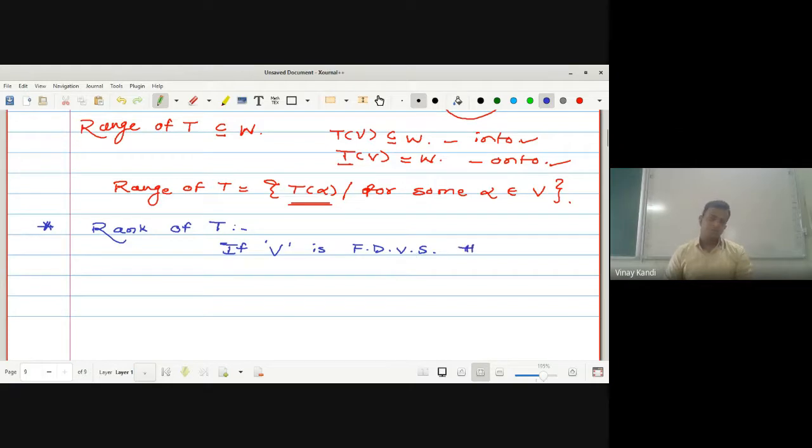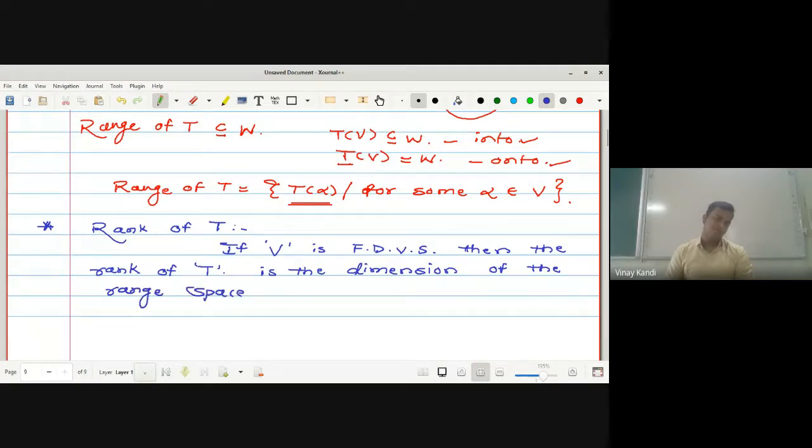Then the rank of capital T is the dimension of the range space of T. Range space of capital T.